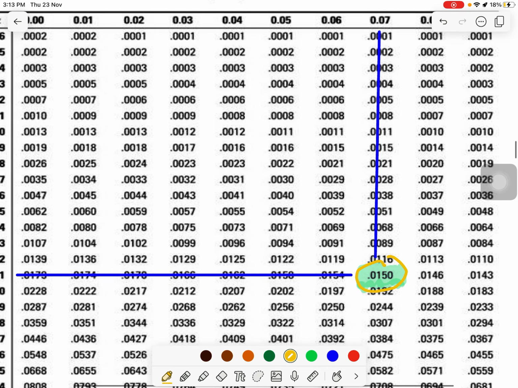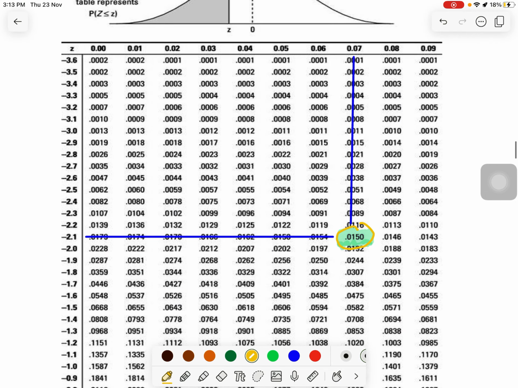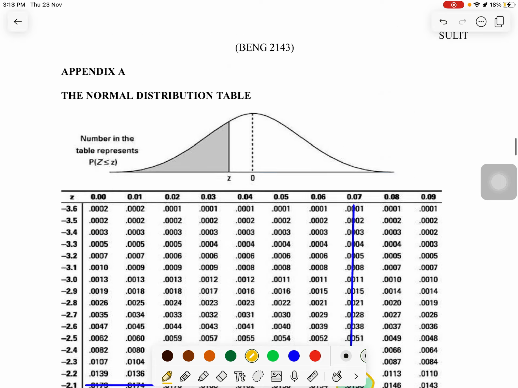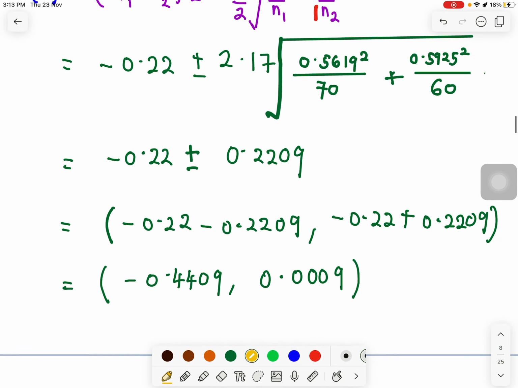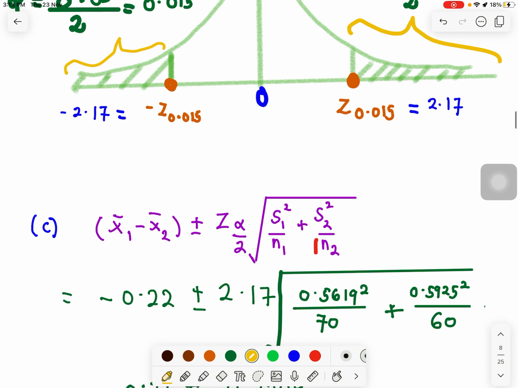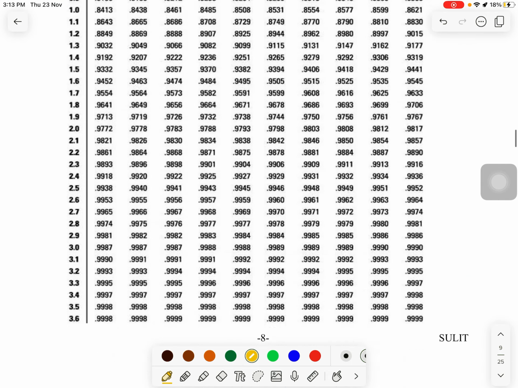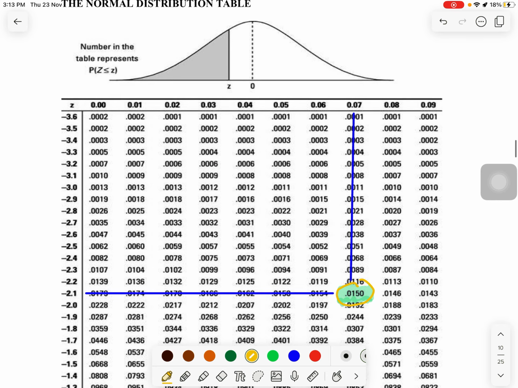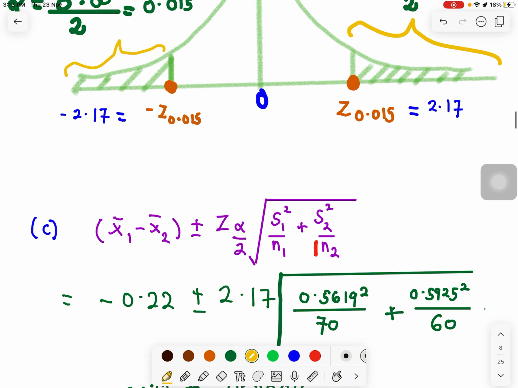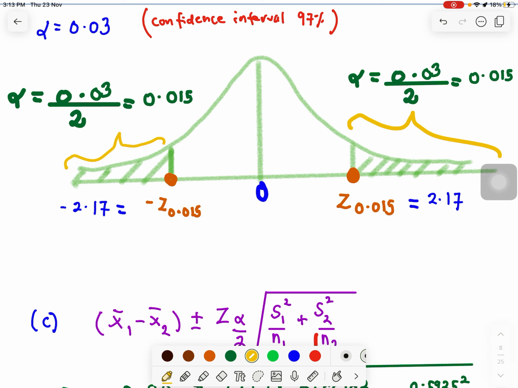So using a ruler, we get negative 2.17 because it's symmetrical. So both critical values are negative 2.17. Right? Okay, right. Negative 2.17. Here is ZC, negative ZC. This one is ZC.